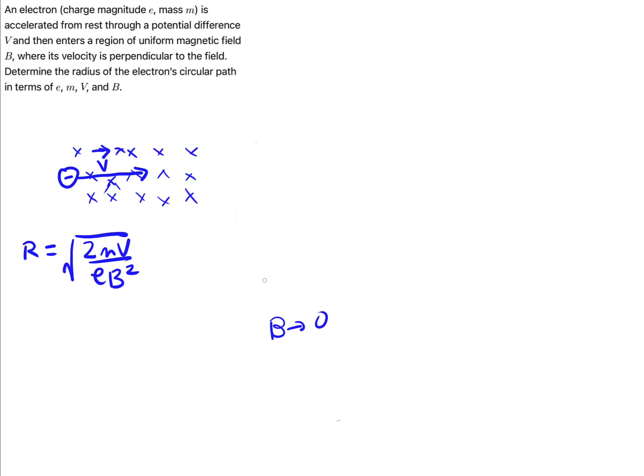And basically you just have this charge moving in a straight line because there's no force to really keep it in a circle. And this is just one of the checks that you can do. So these checks can be used to see if your final answer actually makes sense. And in this case, it turns out that this is the correct answer. And that is how this problem would resolve.